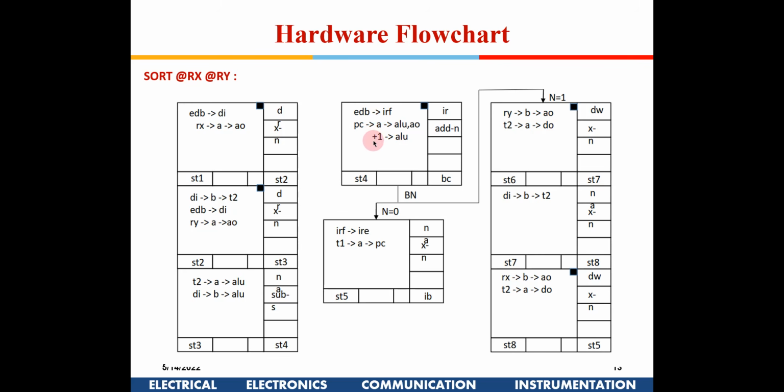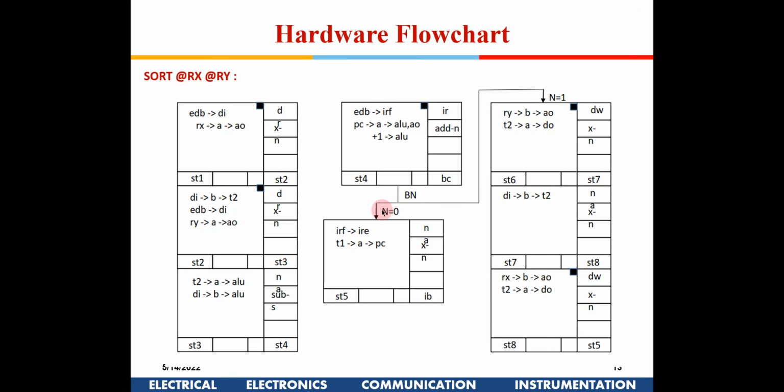Also I am increasing the value of the PC by giving +1 to the ALU. The result PC+1 will be available in the ALU, and in the next cycle, from T1 it is coming to PC. Whether N is equal to 0 or N is equal to 1 doesn't matter, the program counter will be increased.